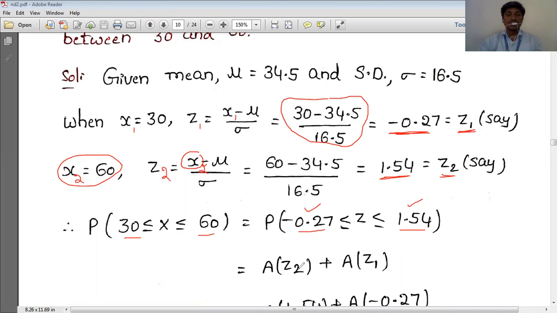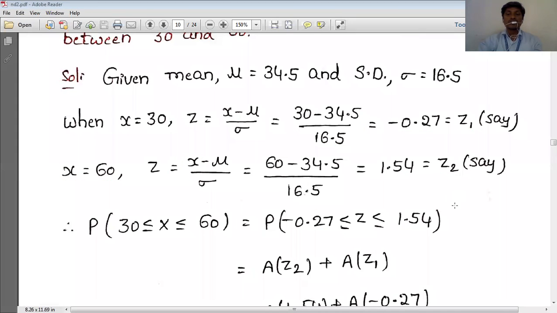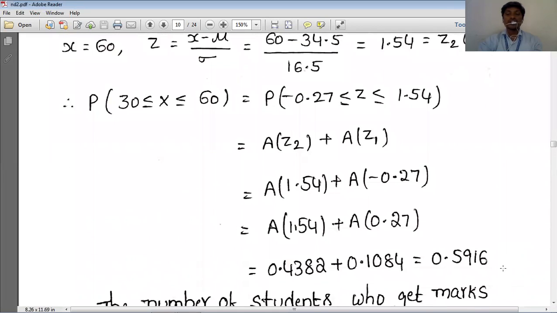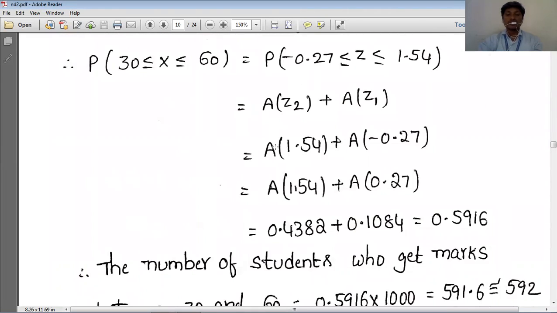In that case, which formula are we using? Area of Z2 plus area of Z1. Here the value of Z1 is minus 0.27 and Z2 is 1.54. So area of 1.54 plus area of 0.27.